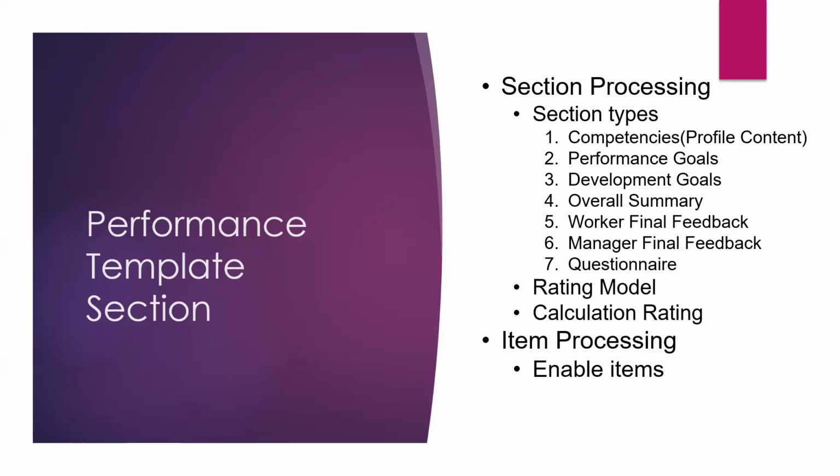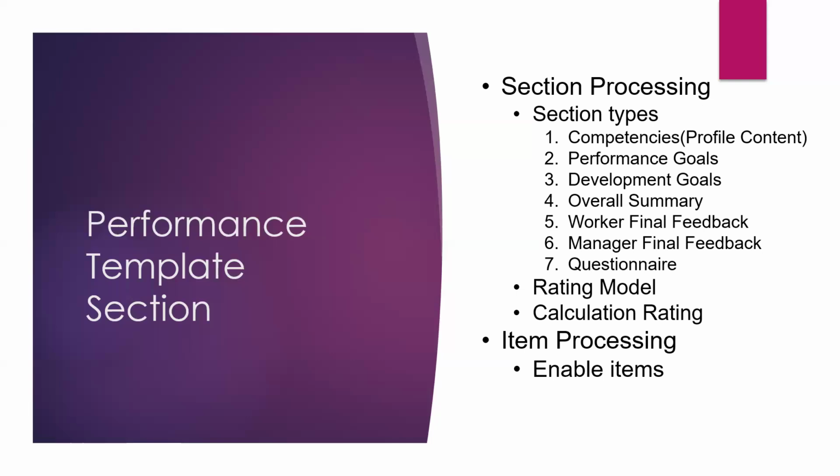Whatever the employee wishes to achieve to progress in his career would be assigned into the development goals. So if I have to decide, okay, this is his performance, then I would have the section types as either the performance goals or the development goals.